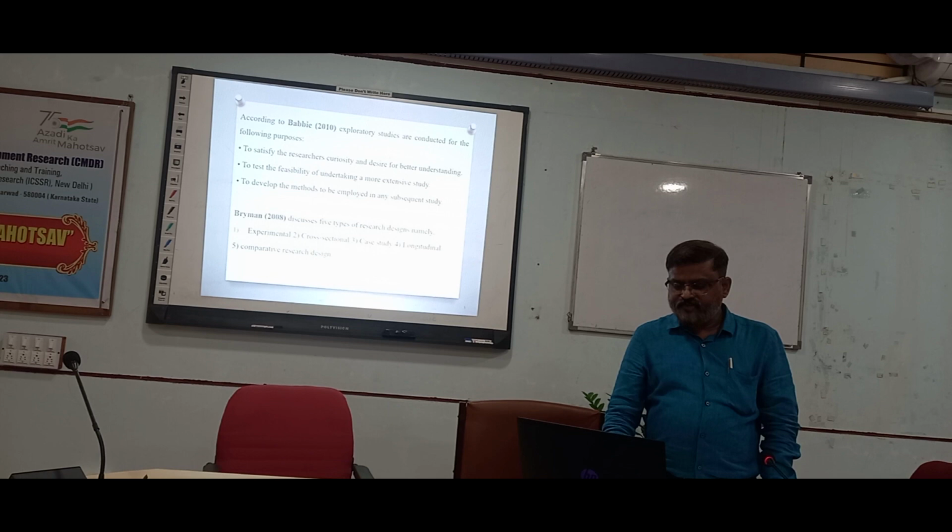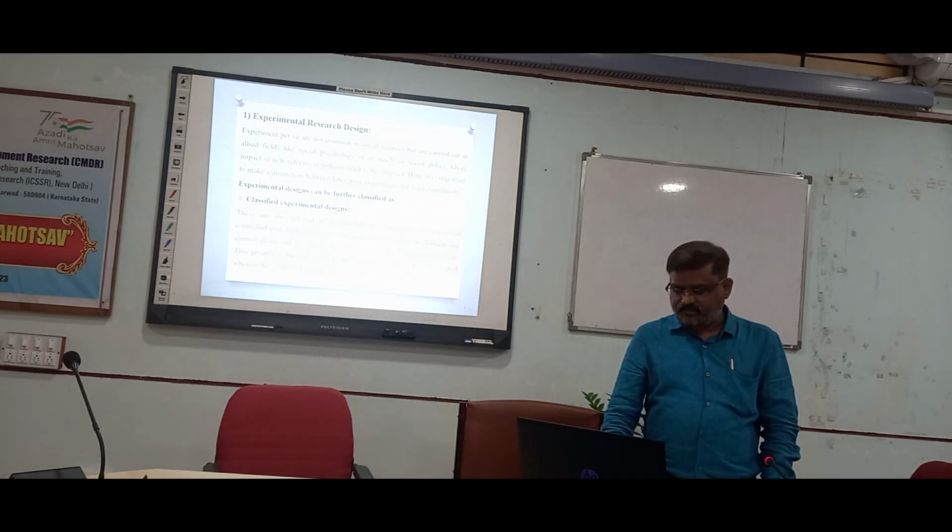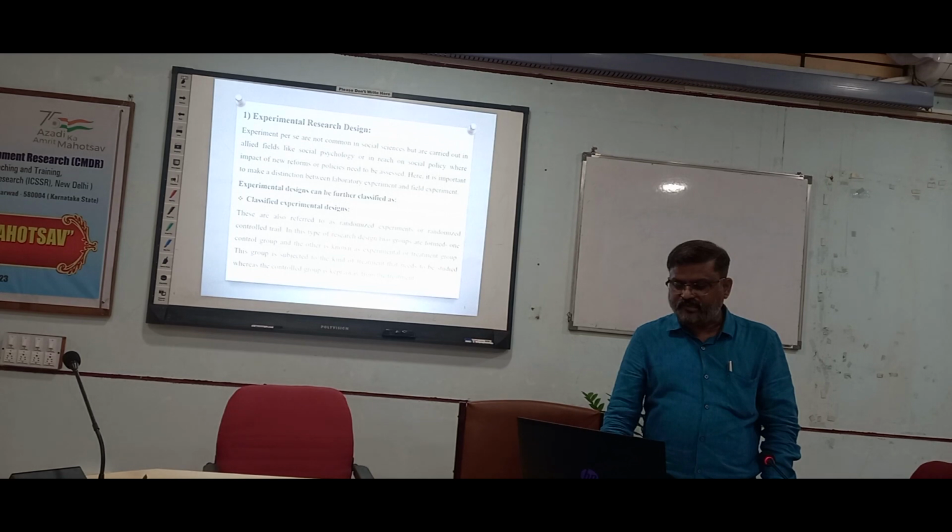There are many types of research design advocated by many scholars: experimental, cross-sectional, case study, longitudinal, comparative design, and so on. Take the example of experimental research design. It is not common in the social sciences, but social psychology and other science disciplines conduct experimental design.